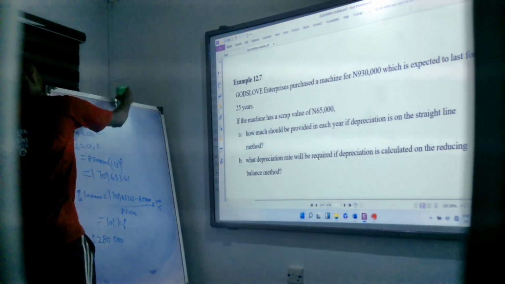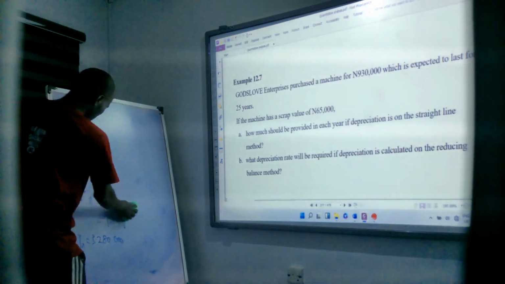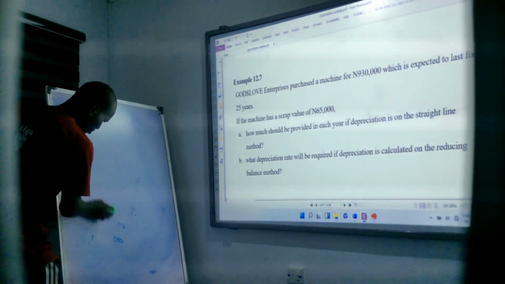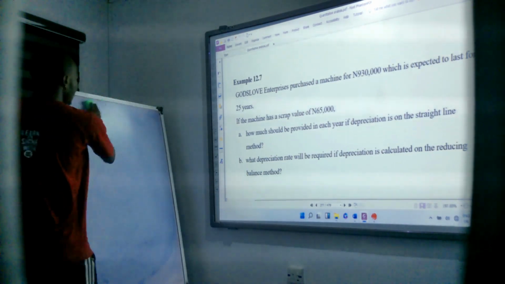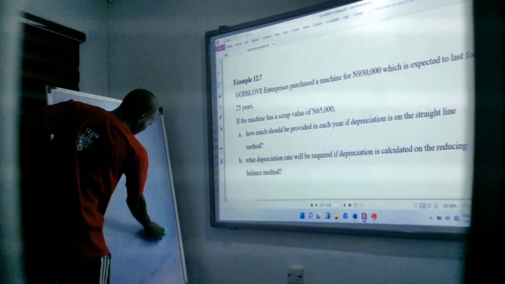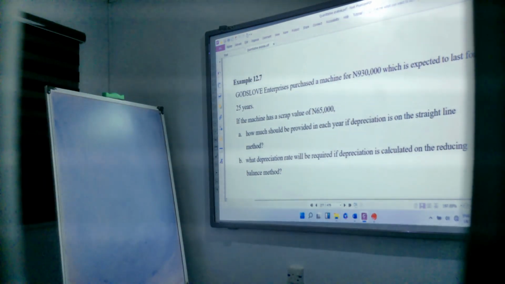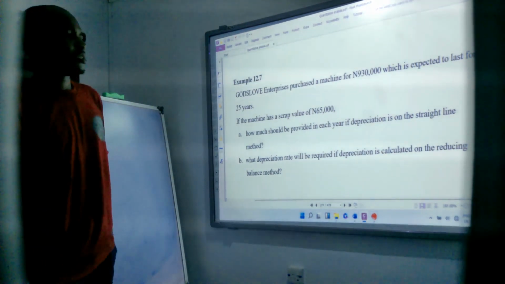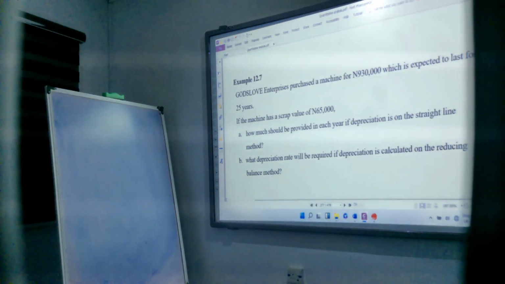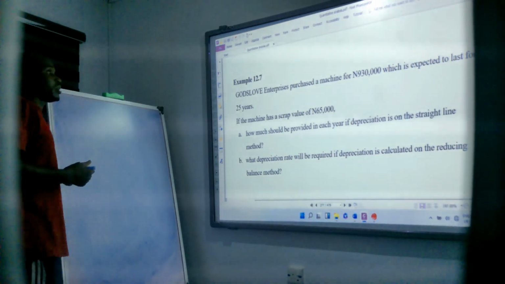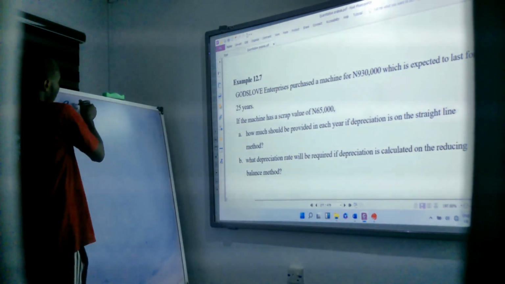If it's on a straight line basis, then we are talking about AP, and we're looking for the common difference. So this is what I will do here. The price of the machine will be the first term, and in the first term the machine will not be depreciated.